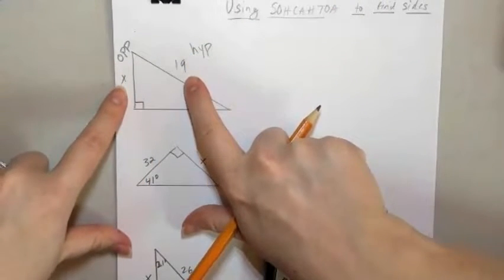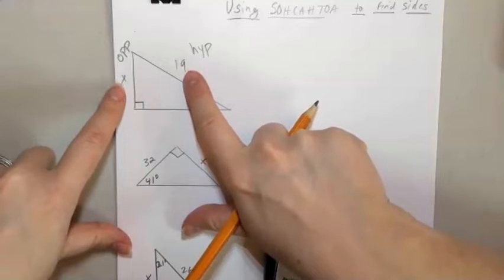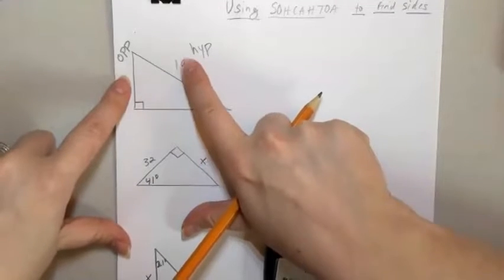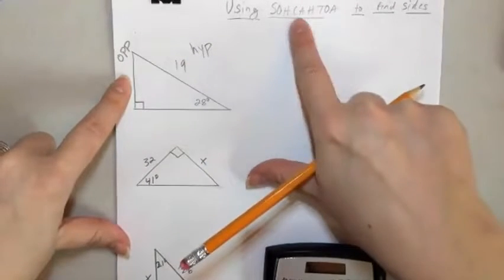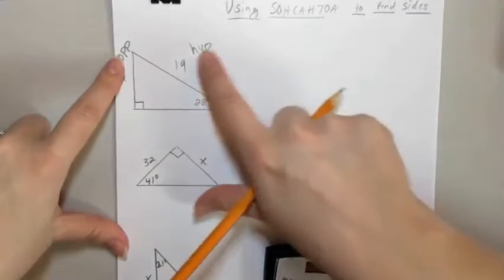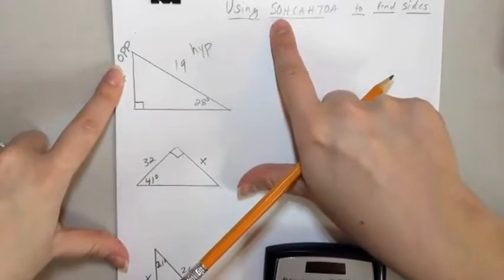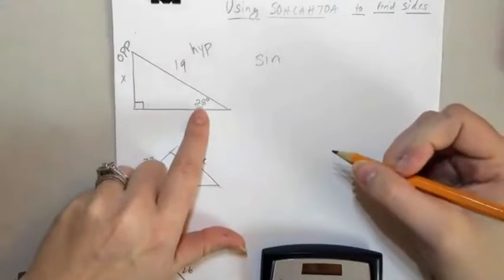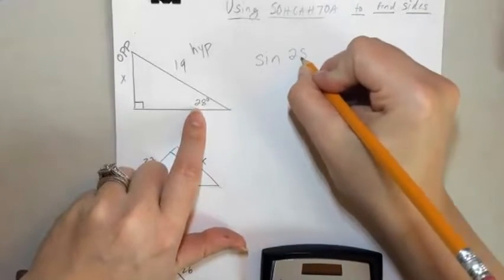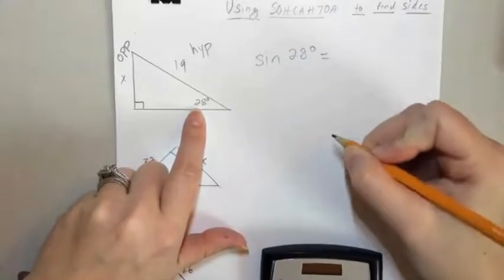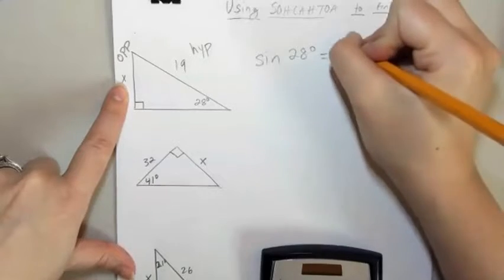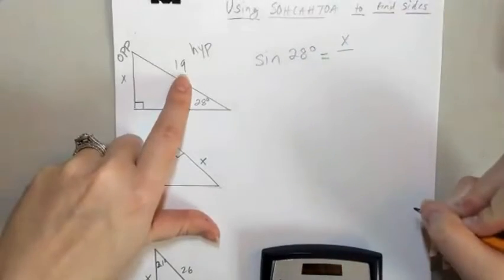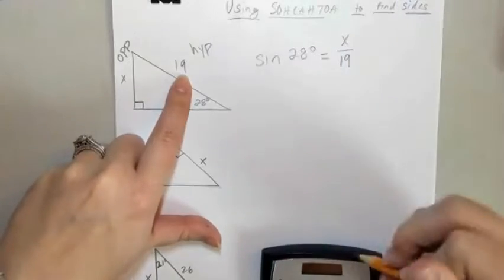Now we're going to want to set up a trig equation using the two sides that we have, opposite and hypotenuse. So if I'm thinking about SOHCAHTOA, opposite and hypotenuse, that's going to be sine. So I'm going to write down sine of my angle theta, sine of 28 degrees, equals my opposite side, x, over my hypotenuse, 19.